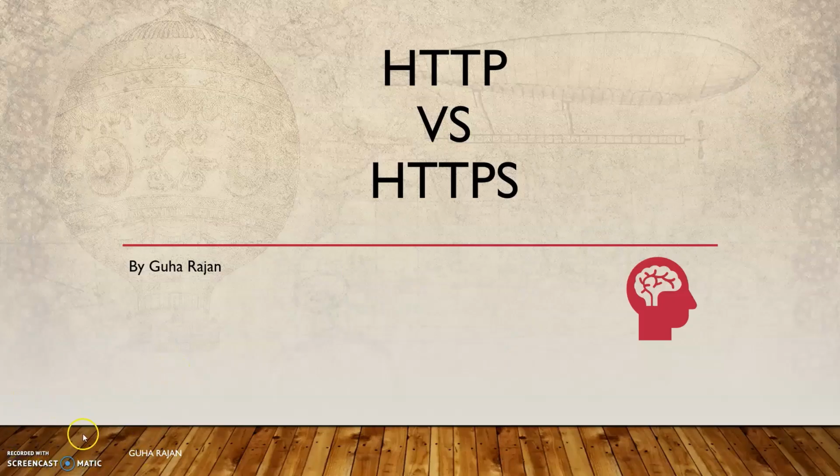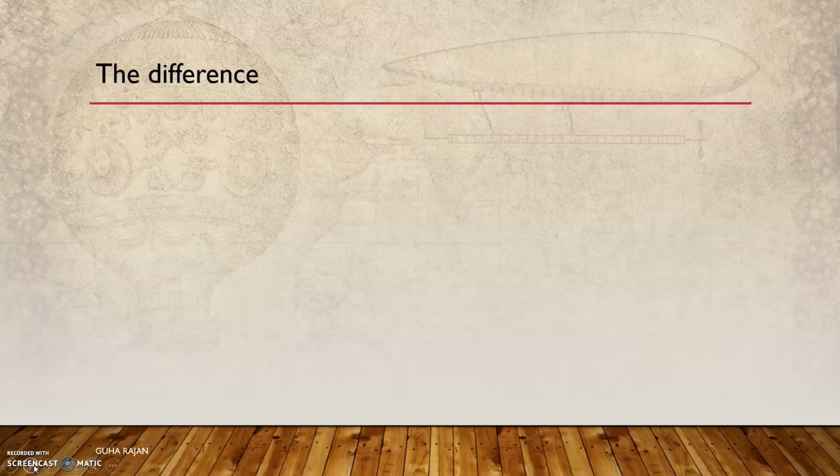So let's see what HTTP and HTTPS are. The difference: HTTPS is HTTP plus encryption. When you send out the data, it is encrypted, meaning it is packaged and sent out so that hackers will not be in a position to get through the encrypted message and understand it.